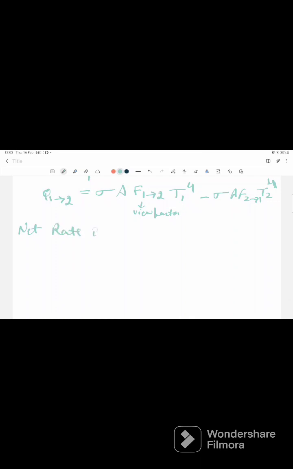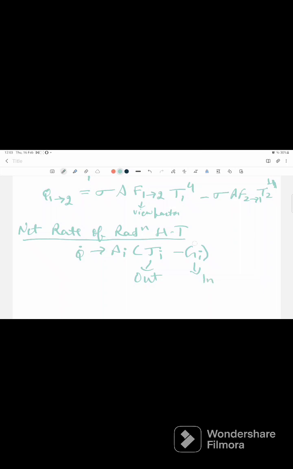Net rate of radiation heat transfer Q is A (J minus G). This is out and this is in.